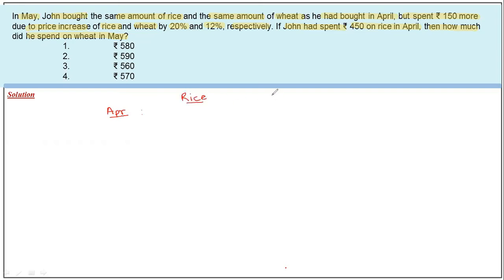So we have rice and wheat. So cost of total quantity of rice in April is given as 450, and for wheat, let's say it is y into w, where we can take w as the cost price of wheat and y to be the quantity.